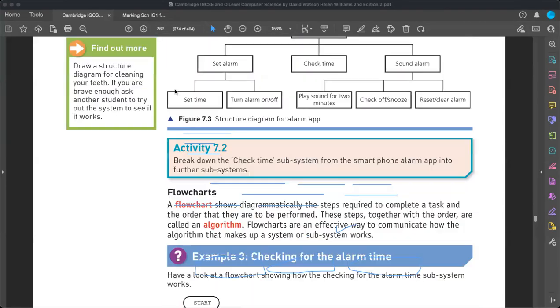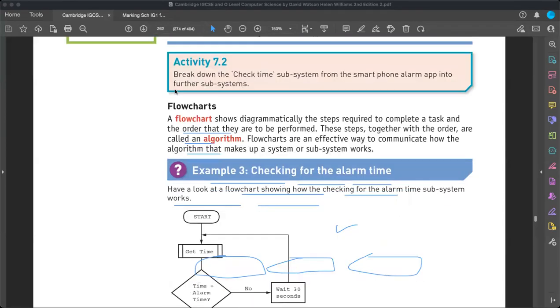Okay, next is a flowchart. So what is a flowchart? A flowchart is a pictorial representation of our program. The book's version is a bit complicated, so I'm making you write mine. Pictorial representation of our program.